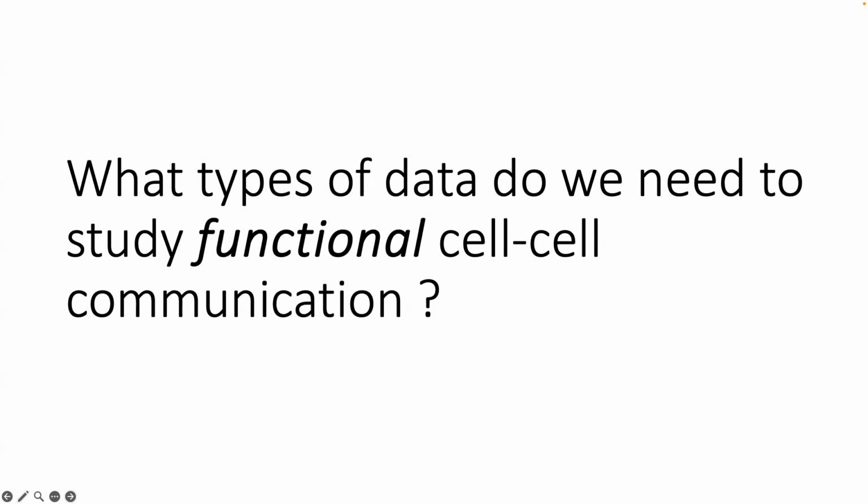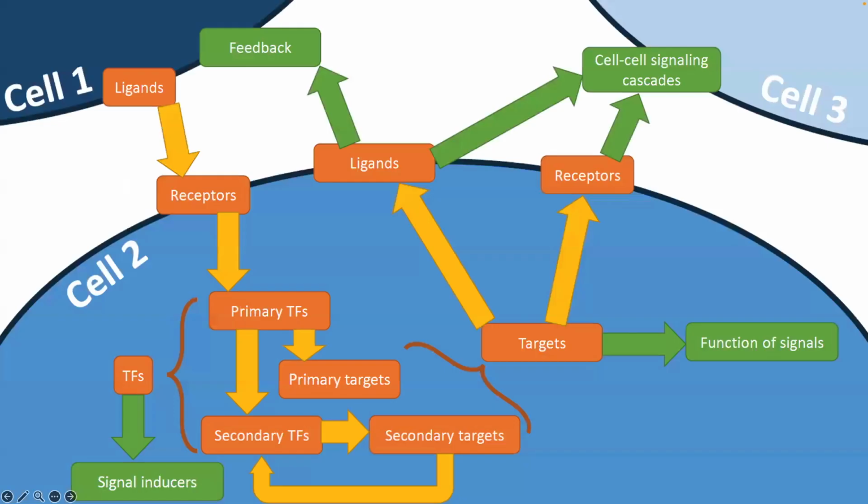If you have a sender type A that diffuses some ligands, some cells will respond to it, others will not respond to it, depending on the environment and also the internal state of the cell. All of that impacts what the effect of cell-cell communication is.